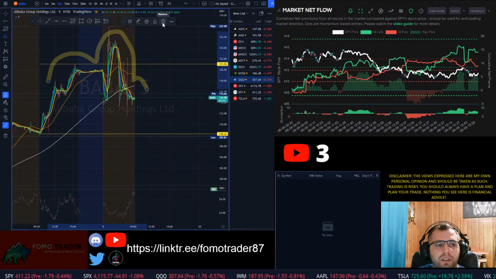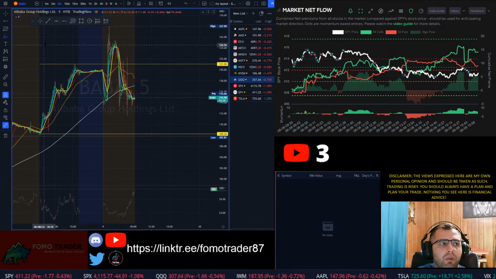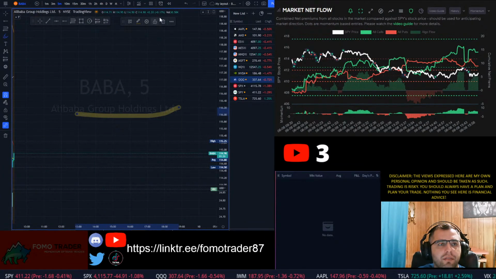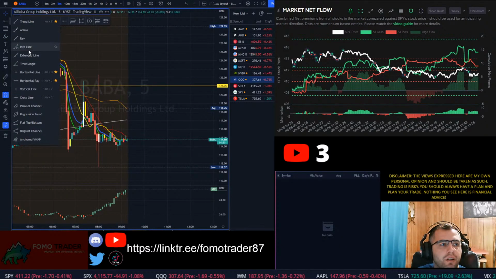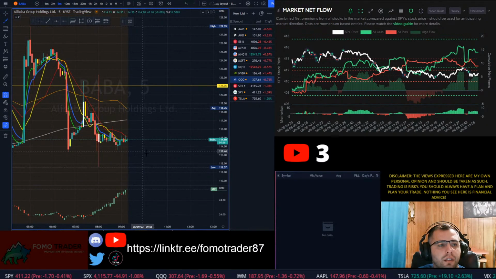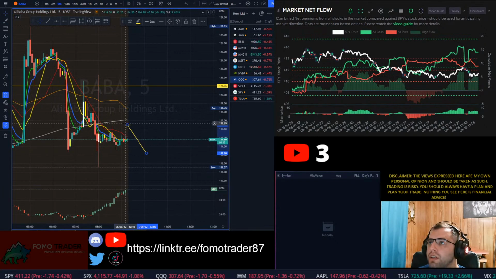I'm going to be watching this for a downside play. We are currently in the middle of yesterday's range. So what I would like to watch for personally is a push here up to the 200 MA, and then a price rejection from the 200 MA back down.